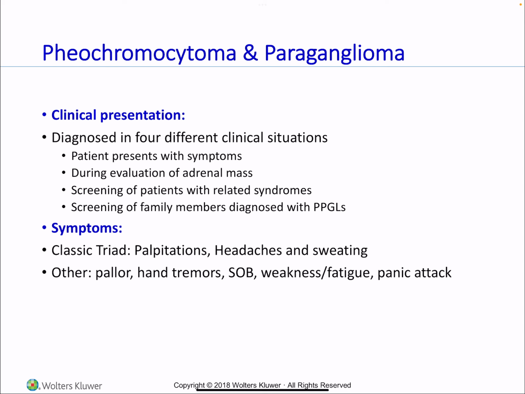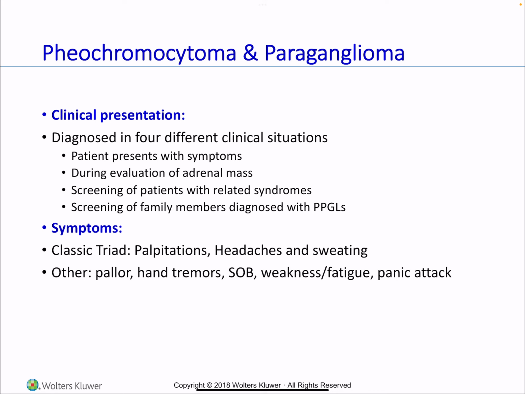So these tumors are diagnosed in 4 different clinical situations. Patients that present with the symptoms, they can be diagnosed during an evaluation of an adrenal mass. They can be diagnosed during a screening of patients with related syndromes and or screening of family members that are diagnosed with PPGLs.